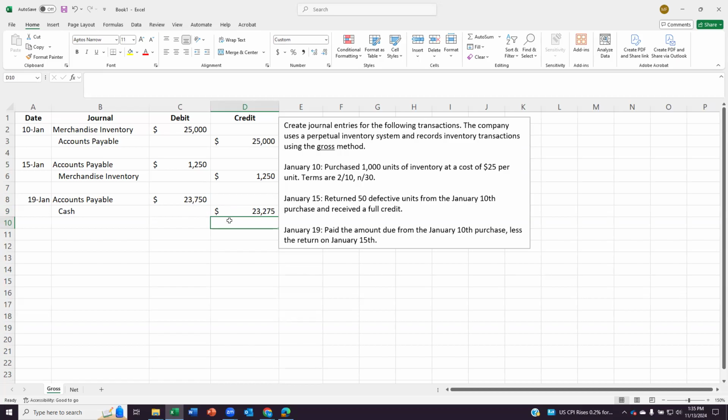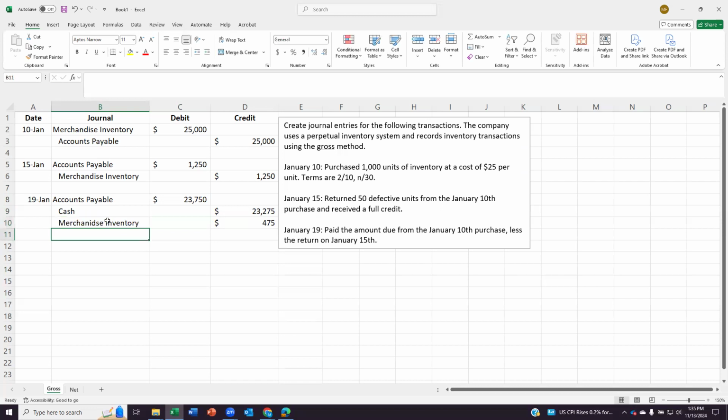In order to make my journal entry balance, I'm going to show my discount here of 475, but we don't record it as a discount. Instead, we record it as a decrease to merchandise inventory.